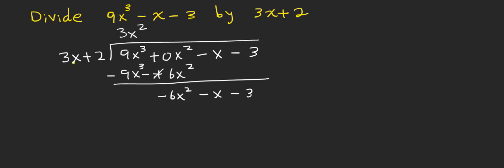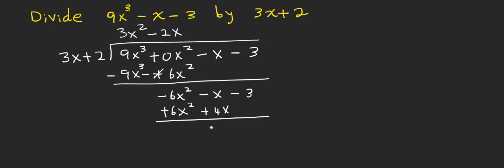Now how many times does 3x go into negative 6x squared? Negative 2x. So you multiply it out, you get negative 6x squared minus 4x. Again, you change the signs, so that becomes positive, and add them up. That cancels out.